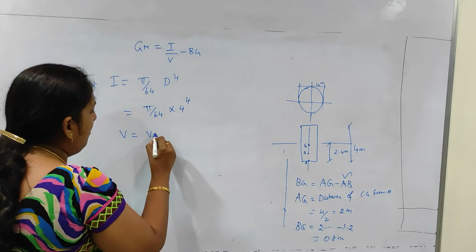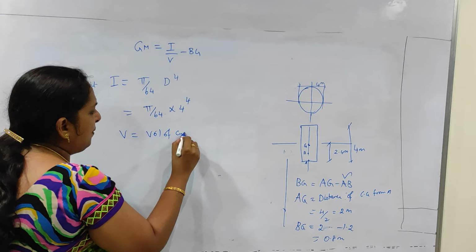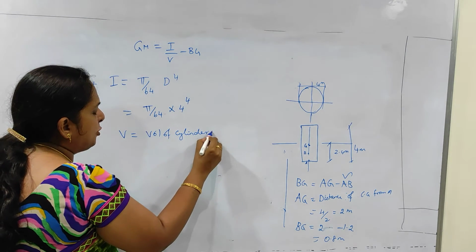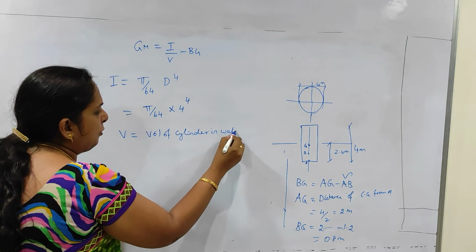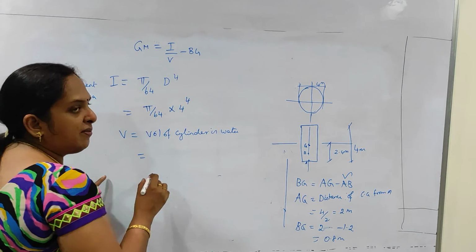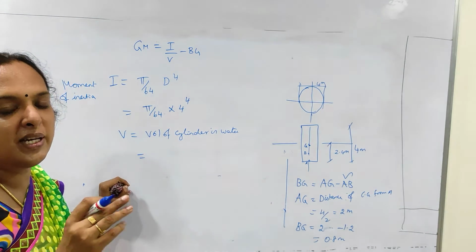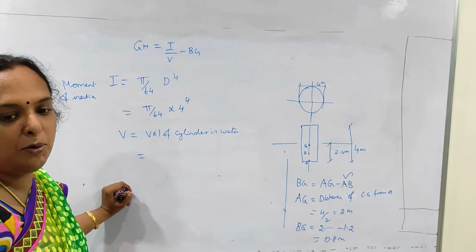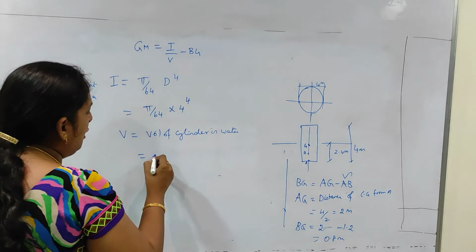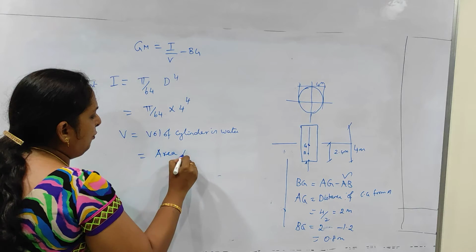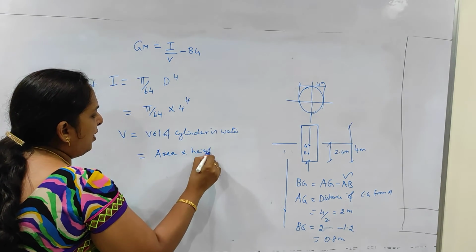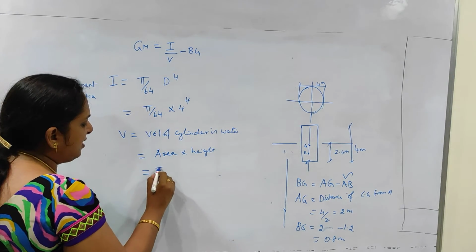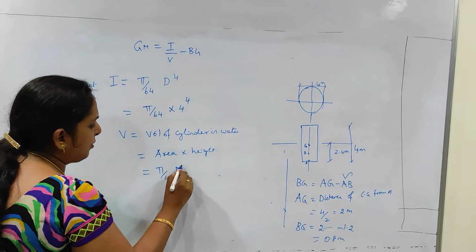In the previous case it was a rectangle, so we multiplied length into breadth into height. But in this case it is a cylindrical portion. So in case of a cylindrical portion, what is the area? It is pi by 4 into d square. So volume will be area into height. Am I right? What is the area of the cylinder? It is pi by 4 into d square.